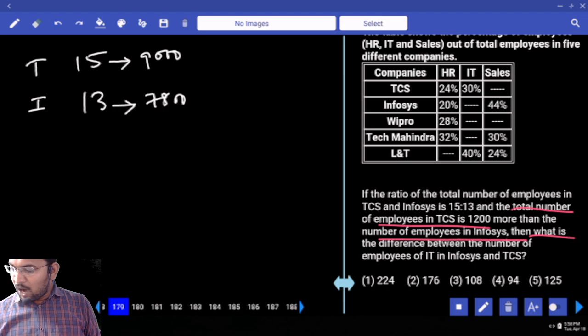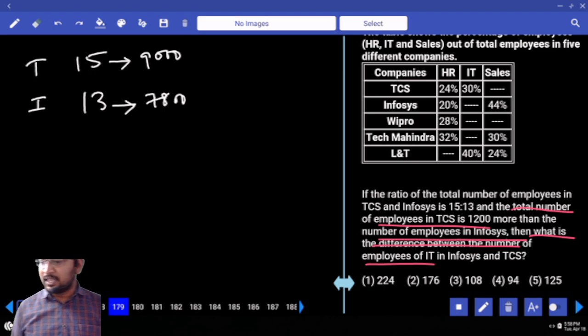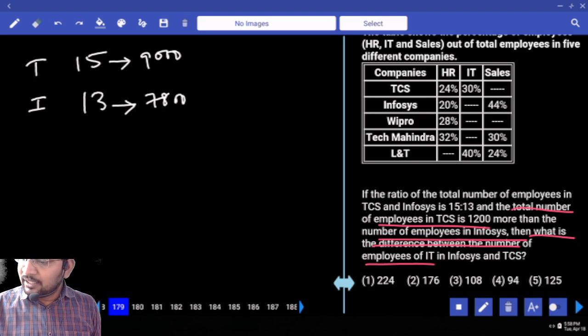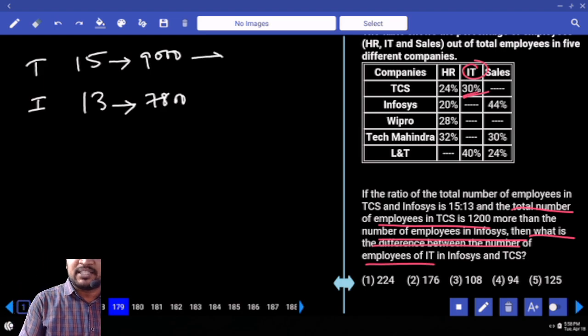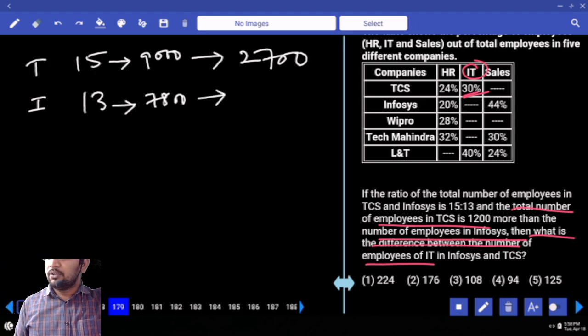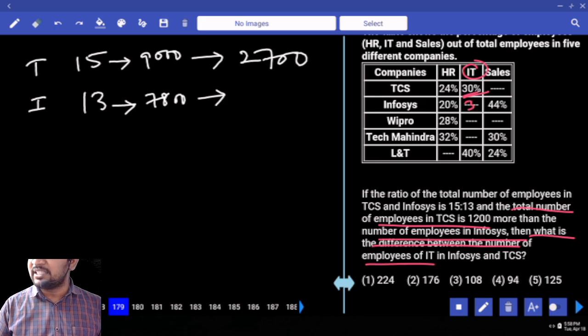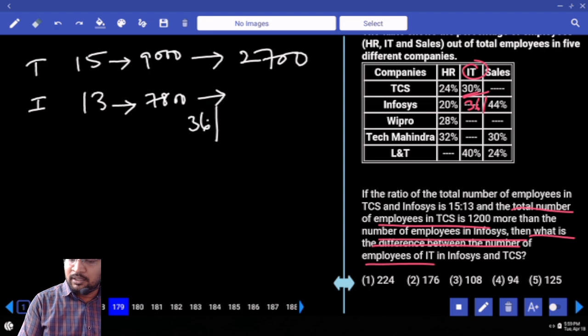Then what is the difference between the number of IT employees in Infosys and TCS? First of all, TCS IT employees are 30%. 30% is nothing but 2700. In Infosys, IT is 20 plus 44, which is 64, so the remaining is 36%. 36% of 7800. If you observe carefully here, don't calculate.